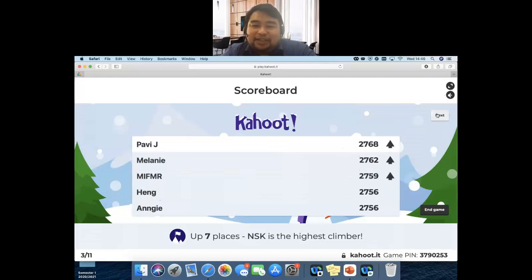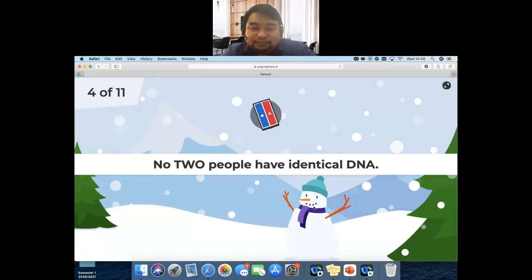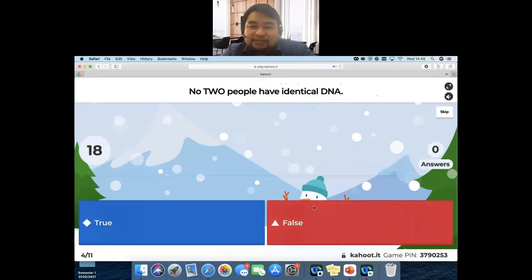Okay, Pavitran moves up, Melanie. Okay, no two people have identical DNA. No two people have identical DNA.